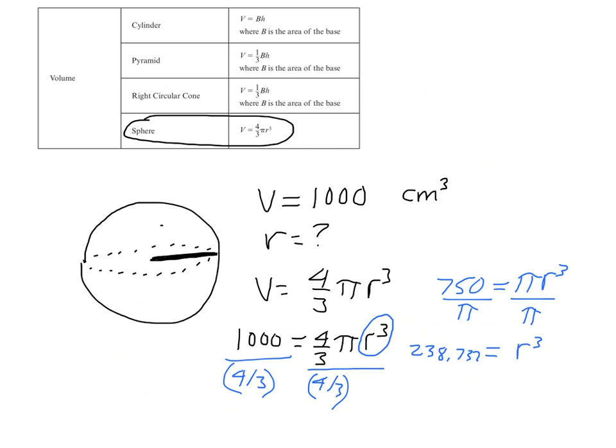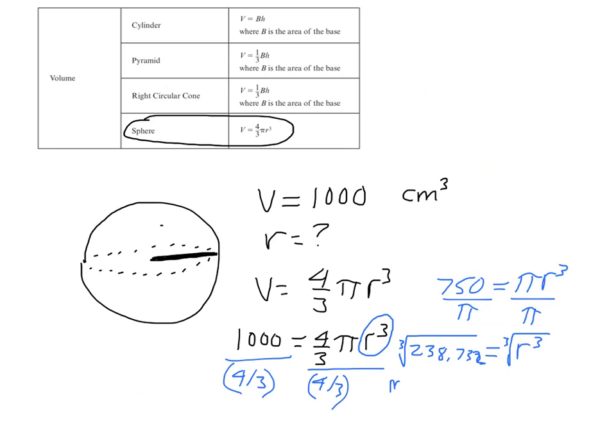And there's more decimal accuracy on the calculator, but I'm just going to leave it as that for now on my paper. And I need to find a way to figure out what r is worth. To figure that out, I'm going to have to cube root both sides of this equation.